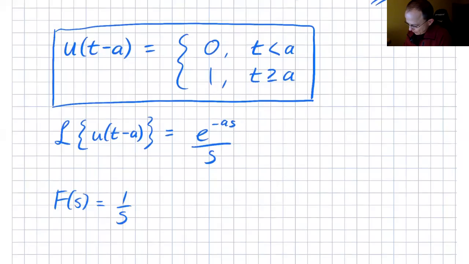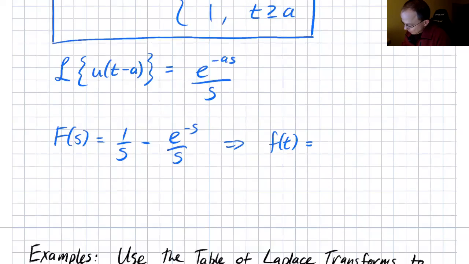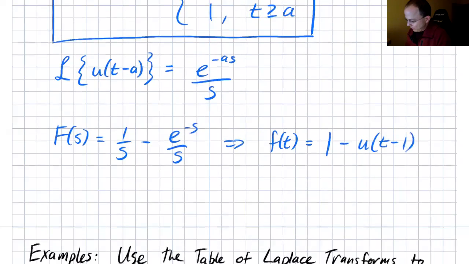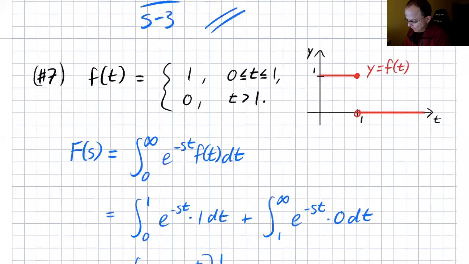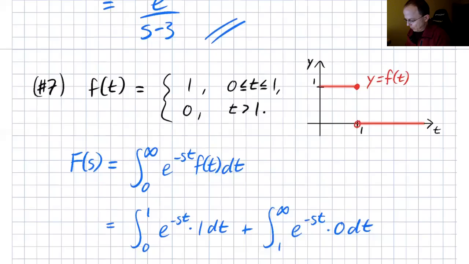So in fact, we could do the following: one minus this unit step function. And if you check, this way to write the function is the same as this definition up here.